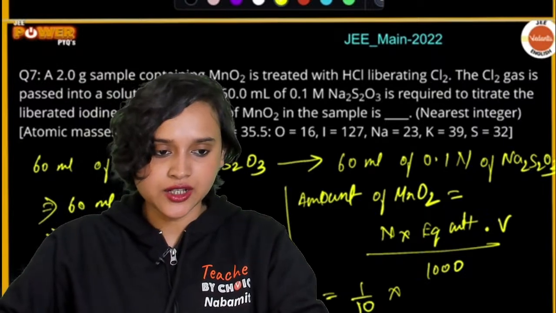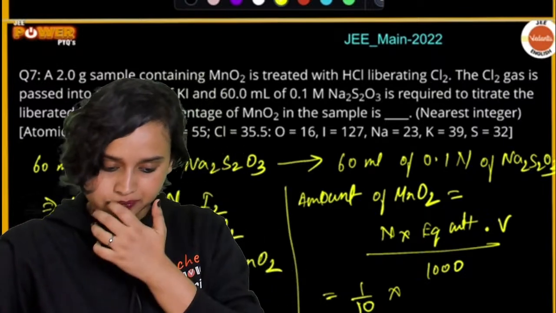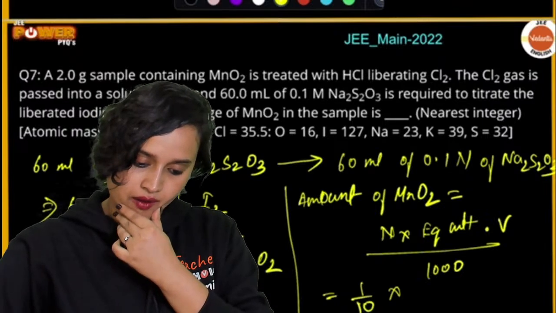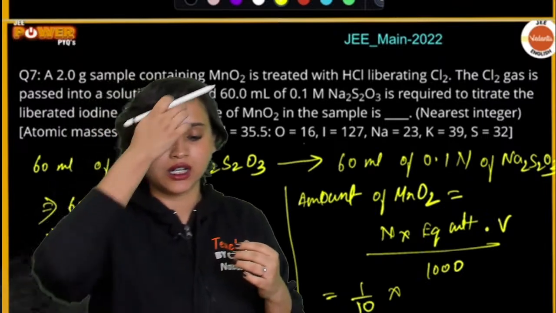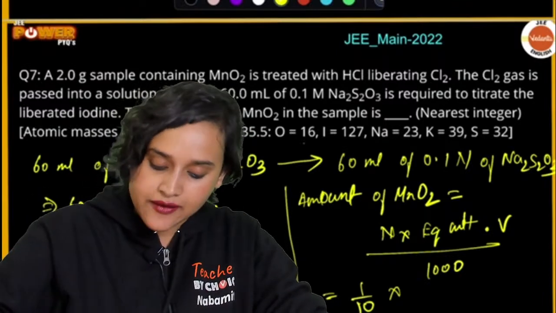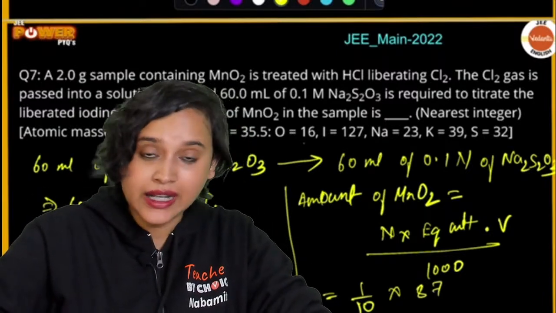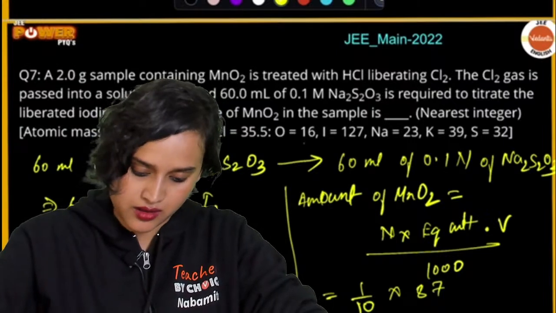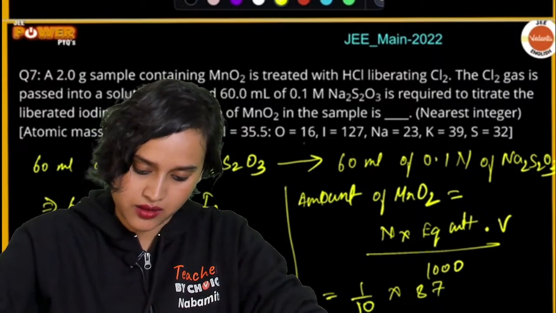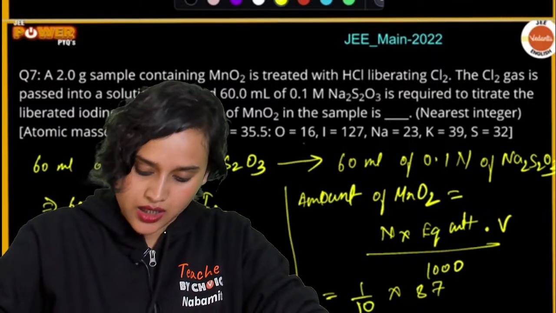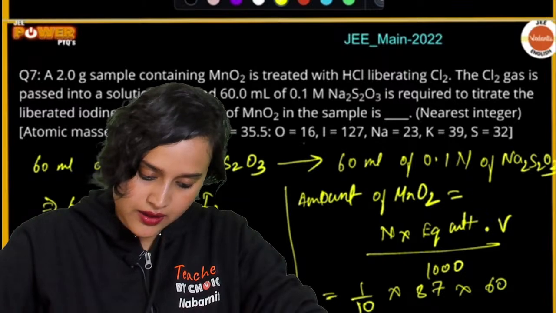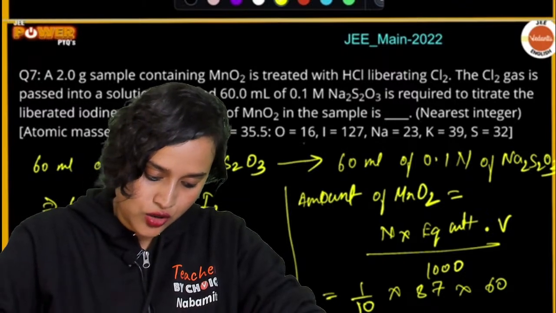Your equivalent weight will be for MnO2: 55 plus 32, that is 87, divided by 2.